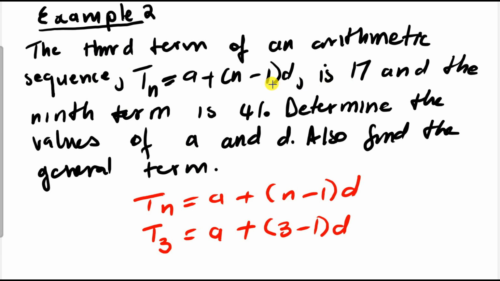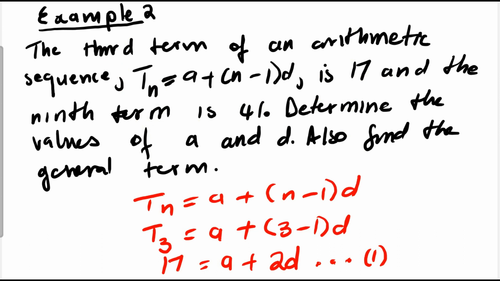They say this third term is 17, meaning T3 equals 17. So this is a plus 2d, because 3 minus 1, right? I'm going to call this equation 1. Because we are given the third term, which means the term number is 3, and we are also given the term value, which is 17. Okay, cool. And then they say the ninth term is 41.